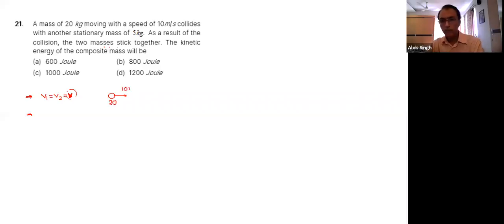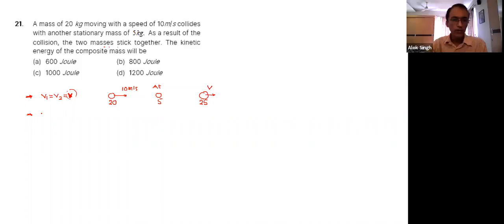Another stationary mass, a 5 kg mass, is at rest. Finally, when they stick together, it becomes 25 kg and has velocity v. That's what is happening. There's only one mass, so there's only one velocity. How do I find this value of v, Gayatri?